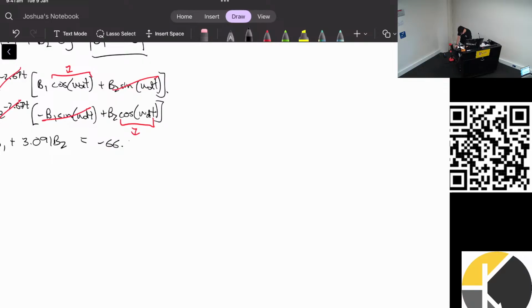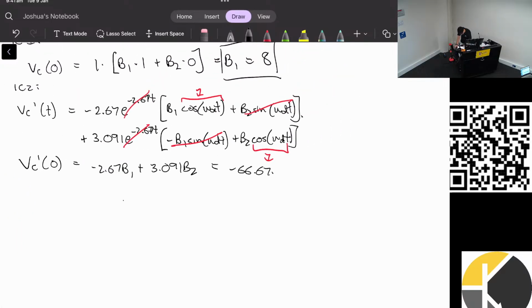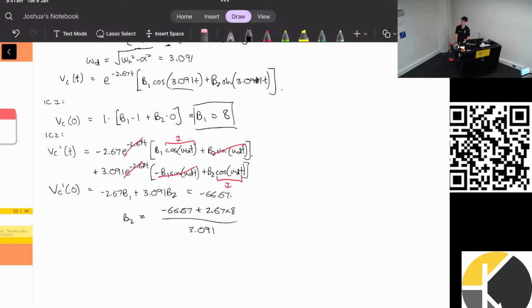So if I solve for b2, that's just minus 66.67 plus 2.67 times 8, all over 3.091. And that'll give you some sort of value. And then we just write the formula again and we're done.